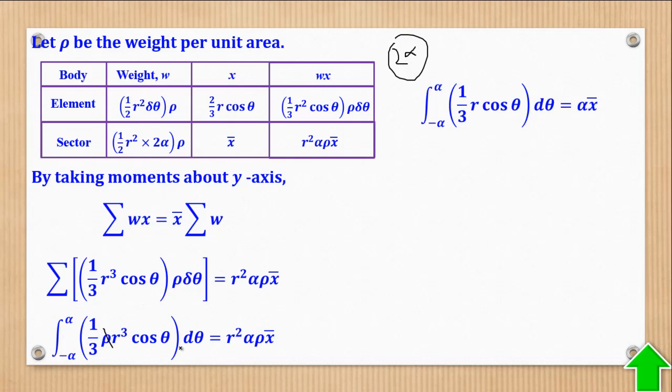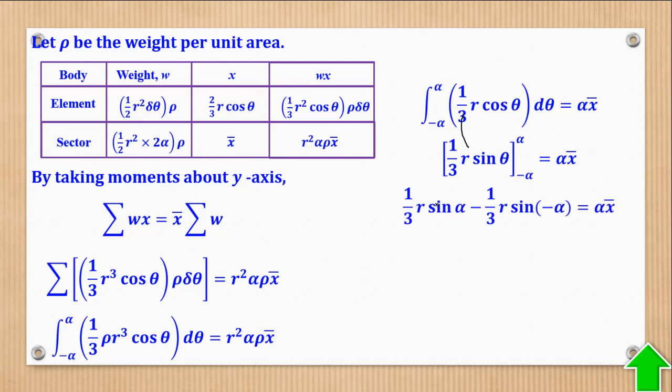So here I realize that this and this will cancel. Then this r squared removes 2r to remain with only 1 r here. So the good thing, r is a constant, meaning I can integrate this to get this. Substitute limits. Simplify.